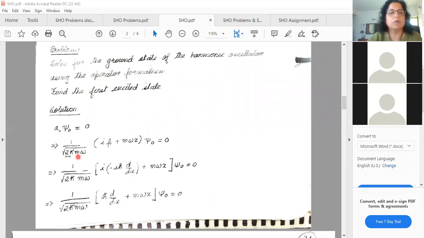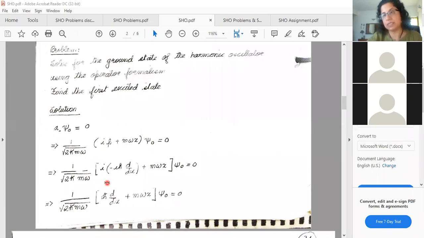You have written down exactly this form, and this acting on psi 0 gives us a 0. And then of course, go ahead and put in minus i h cross d by dx for P. And then what you have is essentially a differential equation.